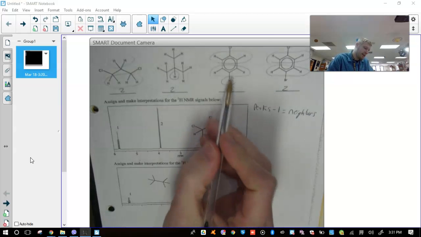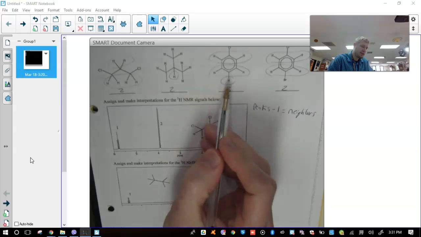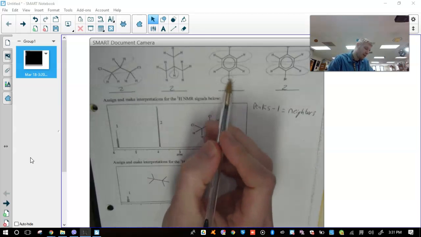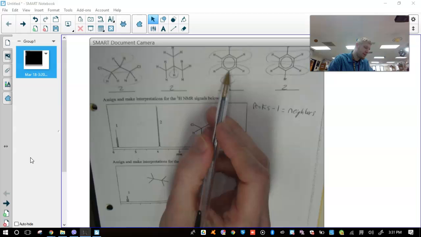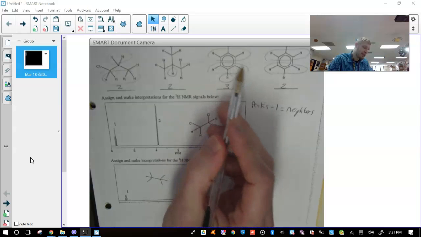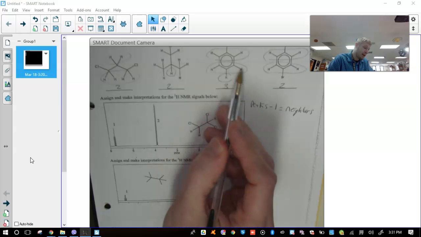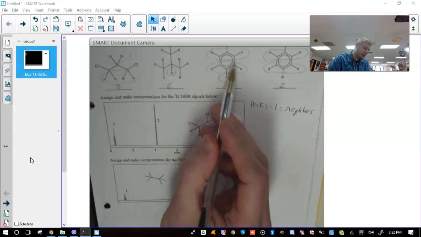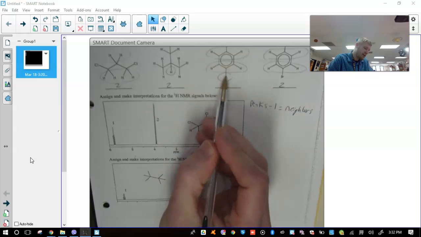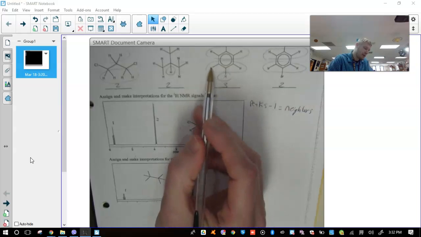If we look at this, a neighbor hydrogen is a hydrogen that's hanging off of a carbon next door. So this hydrogen is connected to a carbon that has two carbon neighbors. Their hydrogens are next door. So here's our house, there's next door on either side. So this hydrogen has 1, 2 neighbors.